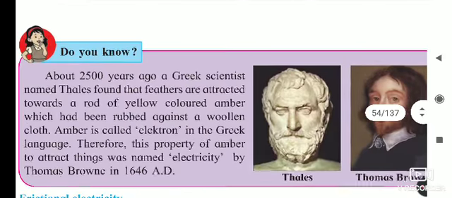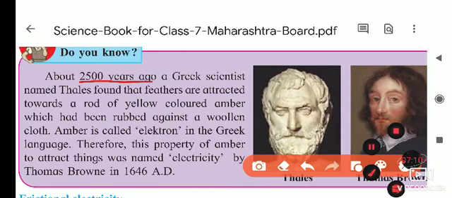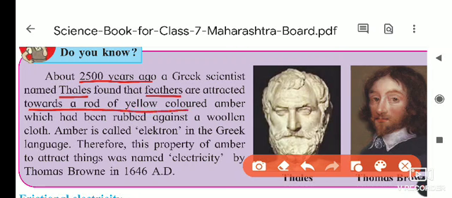Do you know, about 2500 years ago, the Greek scientist Thales found that feathers are attracted toward a rod of yellow-colored amber which has been rubbed against woolen cloth.